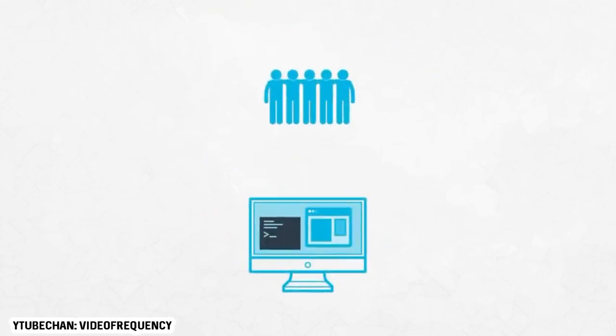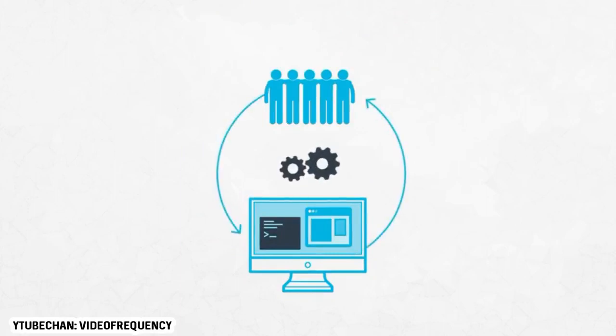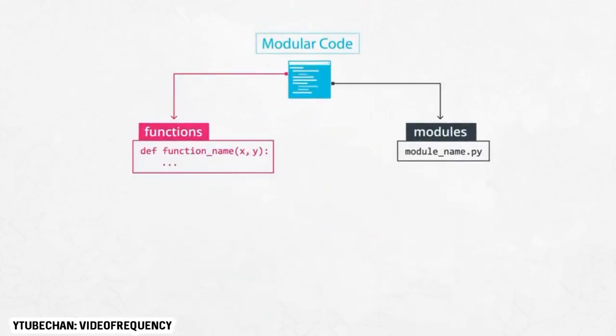Writing clean code is very important in an industry setting, where you're on a team that's constantly iterating over its work. This makes it much easier for yourself and others to understand and reuse your code. In addition to being clean, your code should be modular, meaning your program is logically broken up into functions and modules.